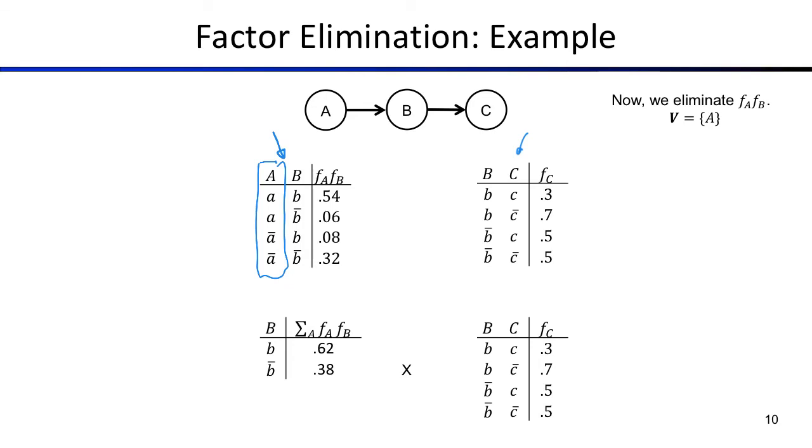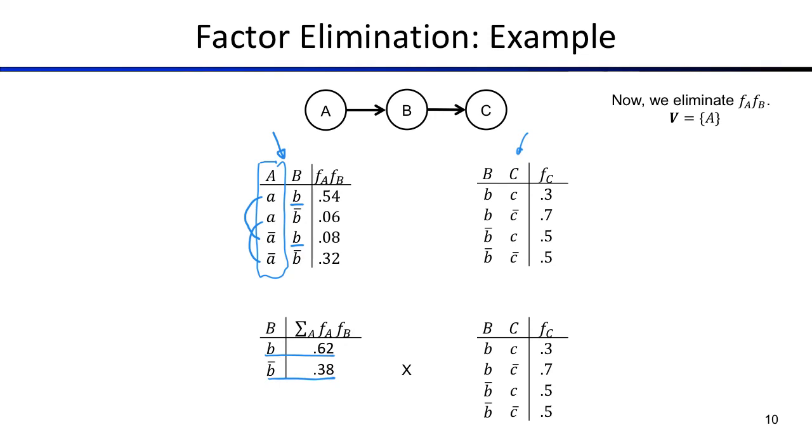So we start by eliminating the variable A, and that's a very simple process. What we do is look at the variable B, where you have B true and B false, and we sum over all possible values of A. They're going to be A and not A, and that's going to be this entry here, 0.54 plus 0.08, and the other entry is going to be these two here, 0.32 plus 0.06, which is 0.38.